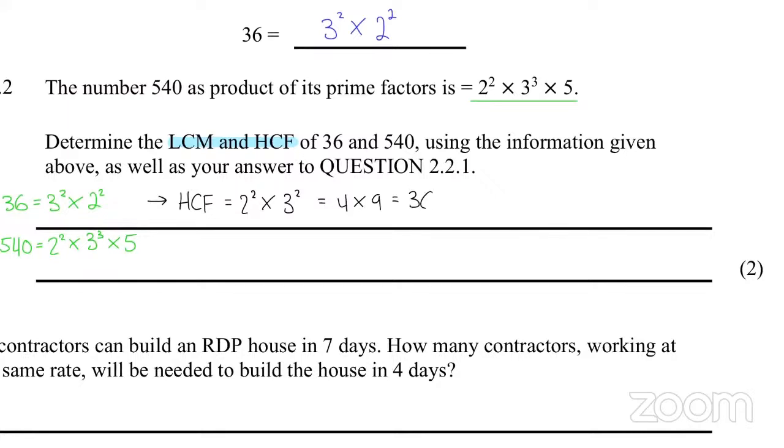This answer gives us 36. So 36 itself is the highest common factor between 36 and 540.